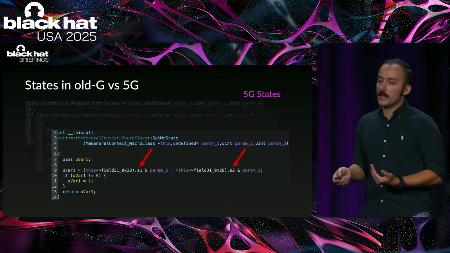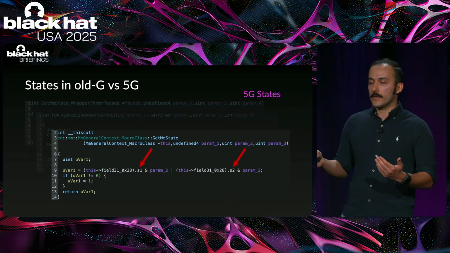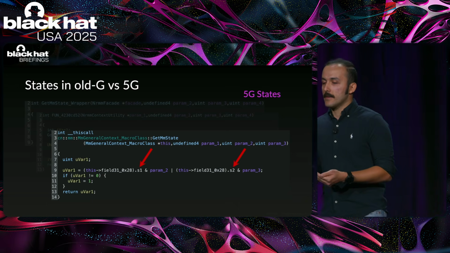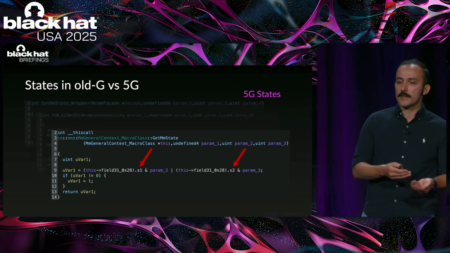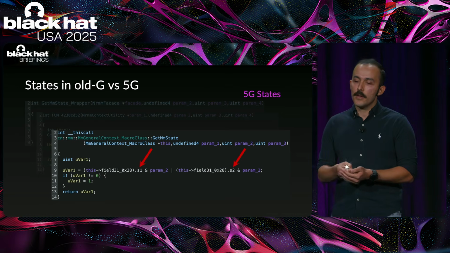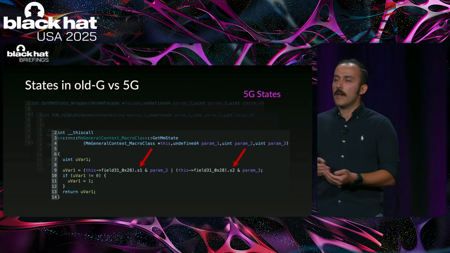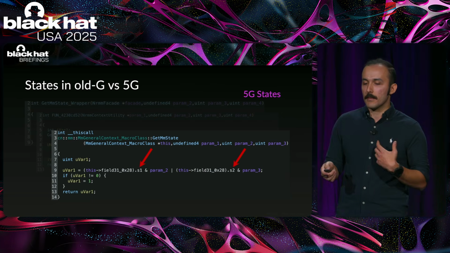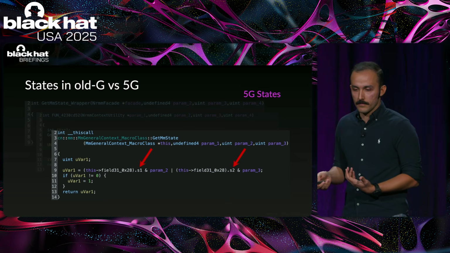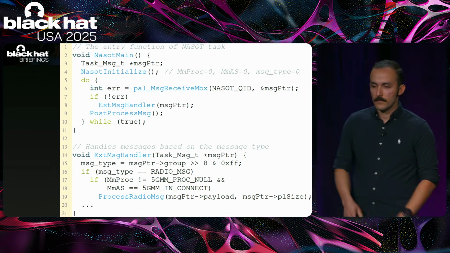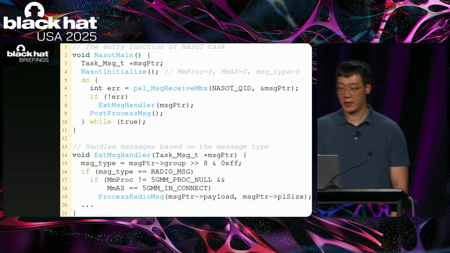And in that method, the actual values of the state variables are returned. As you might have noticed, there are no fixed global addresses here. All of these objects are created at runtime on the heap, and this makes manual analysis even more painful. Right, so obviously we need some automated ways to handle this.